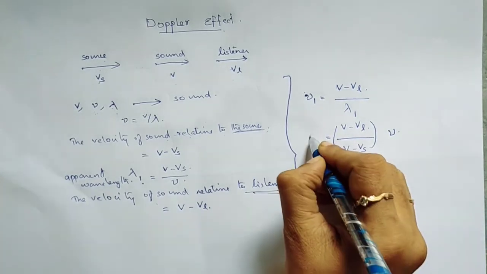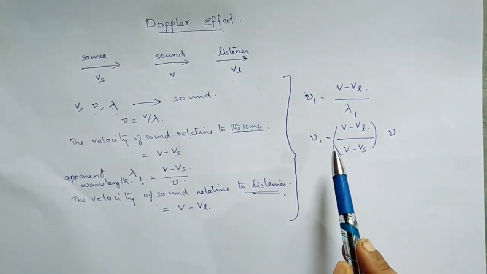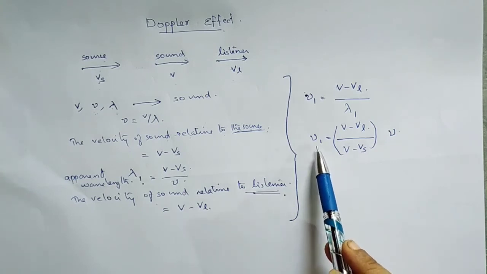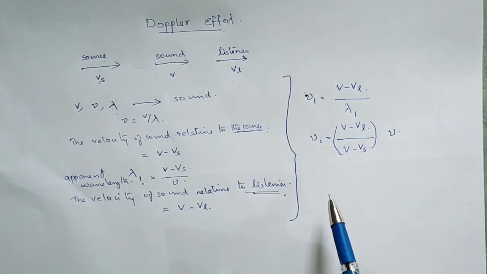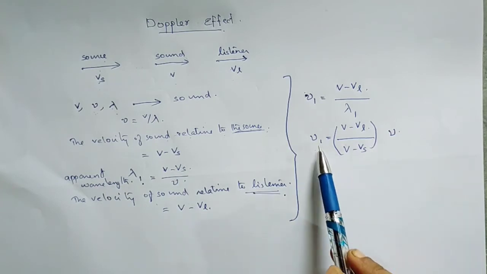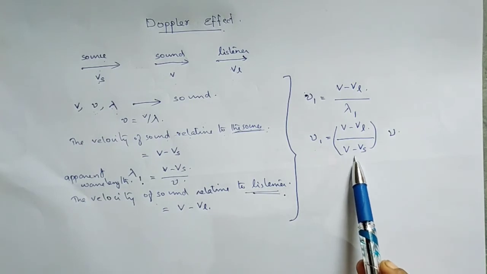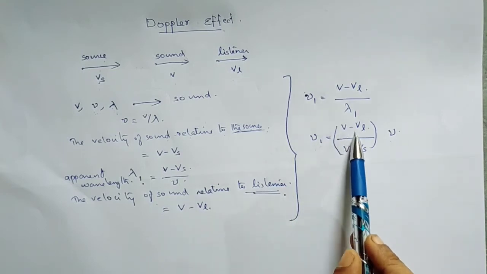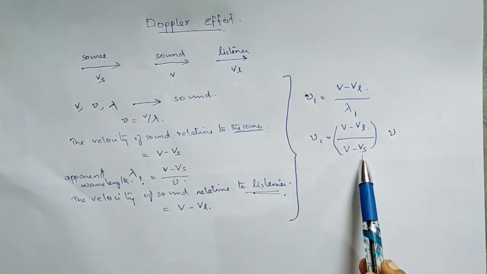So we can write the apparent frequency of the sound heard by the listener, where there is a change from the original frequency nu, as nu 1 equals v minus vl divided by v minus vs, times nu.